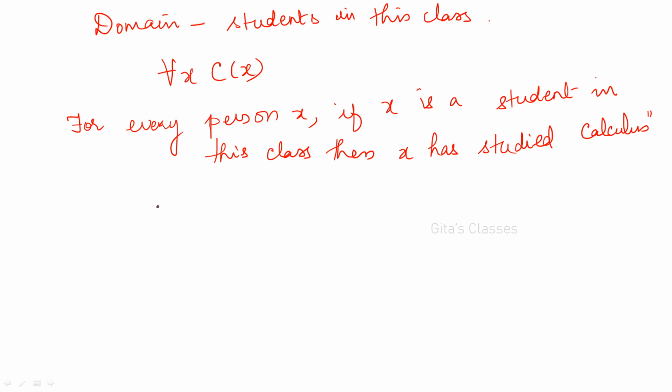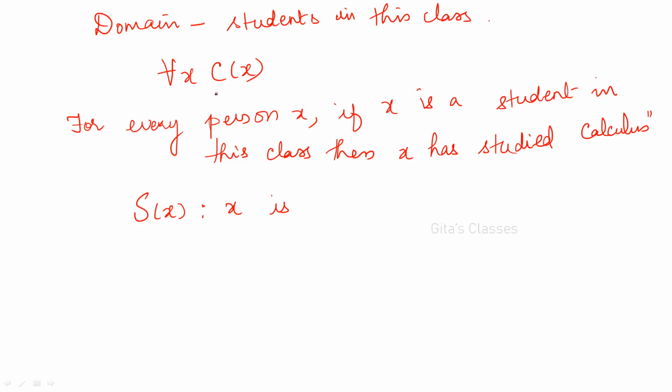So let us write S(x) as "x is a student in this class", because we are considering the wider set of people, not only students from this class. If we are considering only the students from this class as the domain of discourse, that is, x can be taken from the set of students in this class only, then you can write for all x, C(x), they have studied calculus.